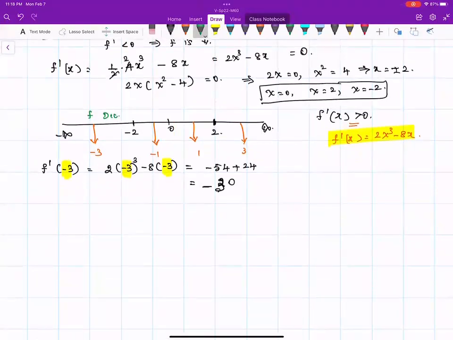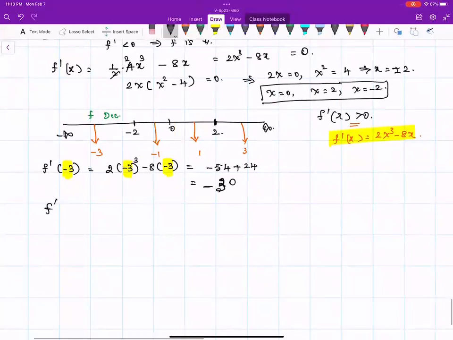Let's take the test point negative 1 and evaluate f prime there. 2 times negative 1 the whole cube minus 8 times negative 1 is negative 2 plus 8, which is 6. So you notice that f prime is positive in this interval.